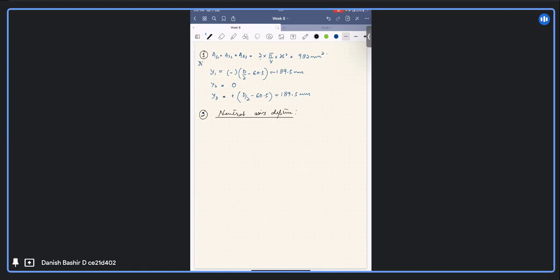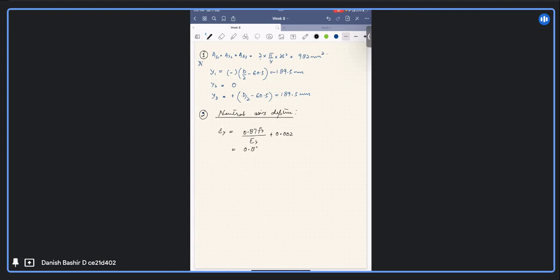So the yield strain, epsilon y, for Fe415 is 0.87 Fy divided by Es plus 0.002. These formulas are all from Flugjet.